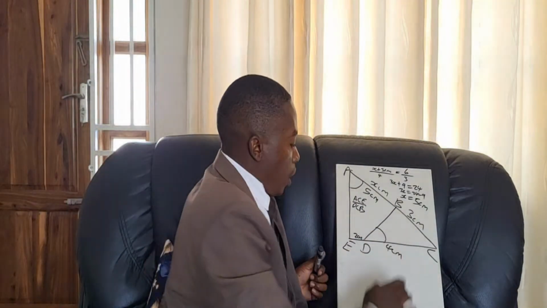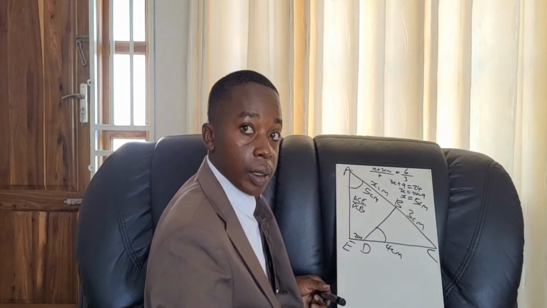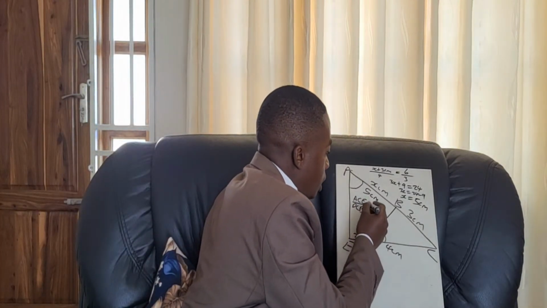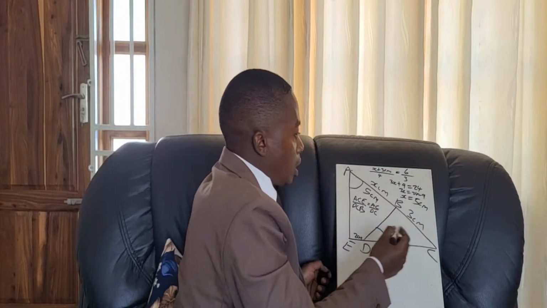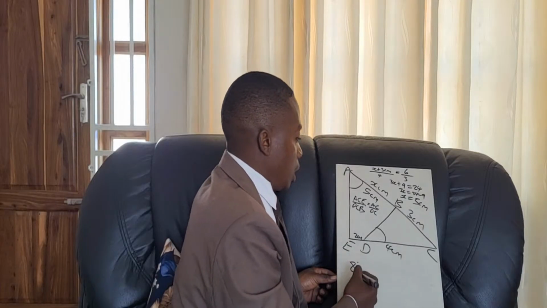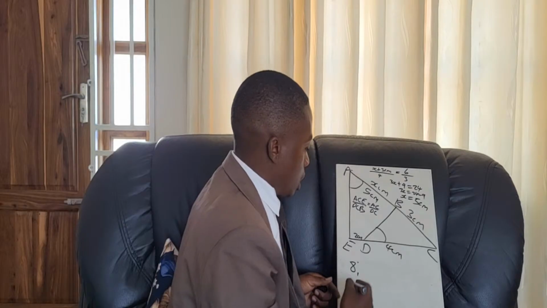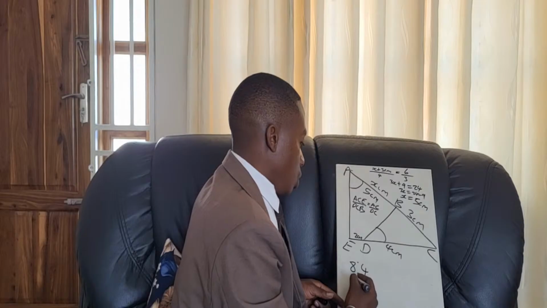To find the area of this smaller part, we can use the area factor. We split the two sides, AC and DC. AC is 5 plus 3, that's 8, and DC is 4, so the ratio is 2 is to 1.